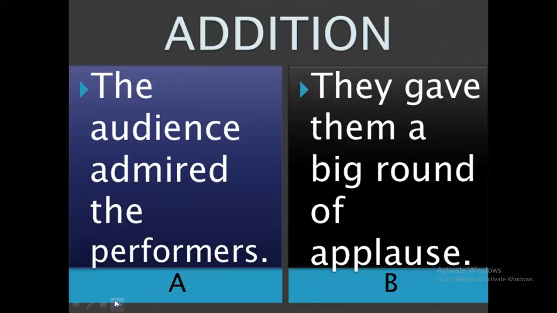Addition. So one thing happened and another thing also happened of the similar proportion. Two related things. One thing is given first and then the additional thing follows.